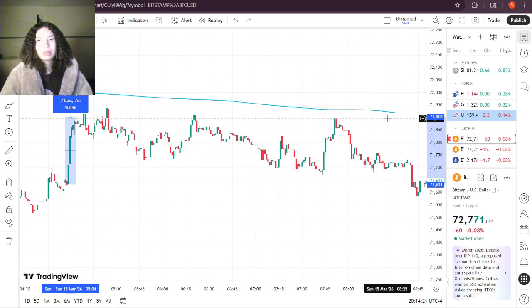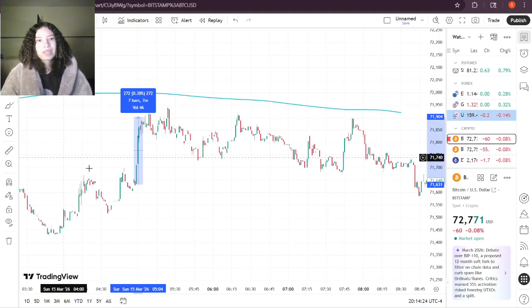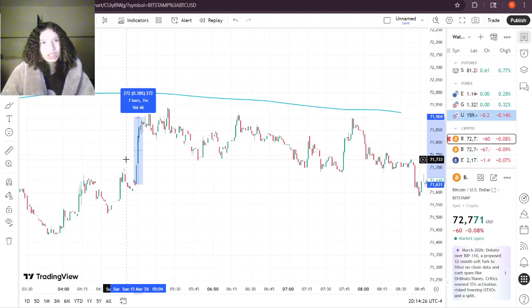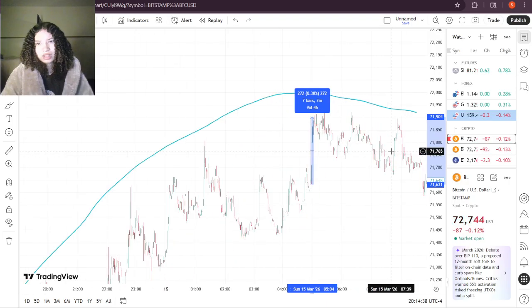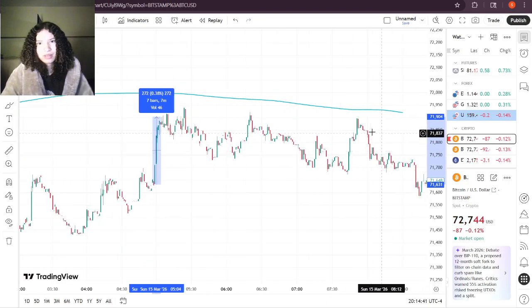This one I'm more confident about because when it's only like a 7 minute uptick, the reversal is usually not as frequent. But I think this might have, maybe that's that reversal.